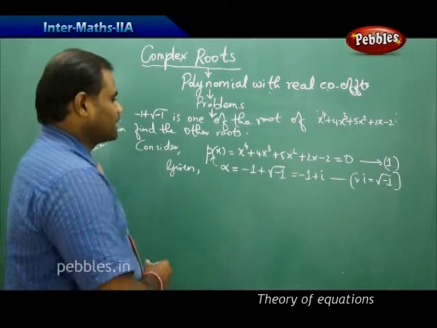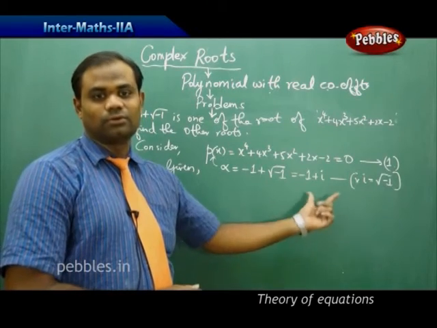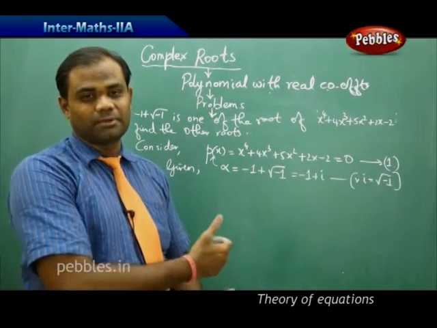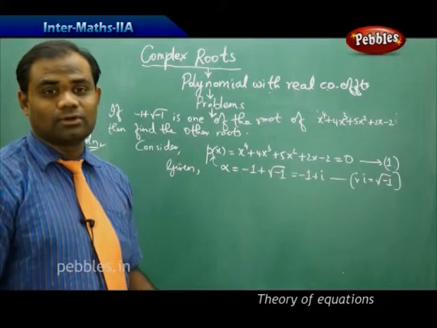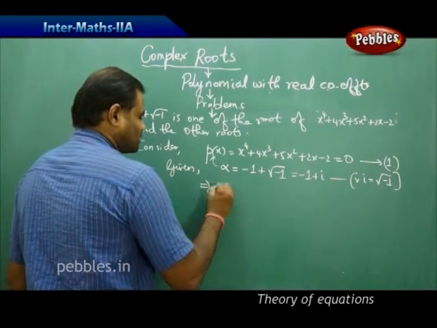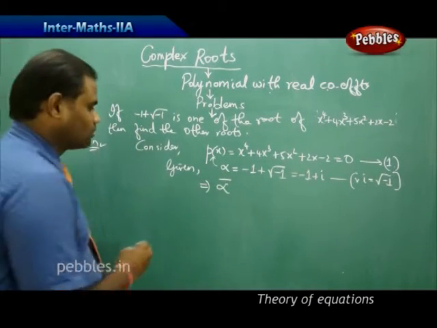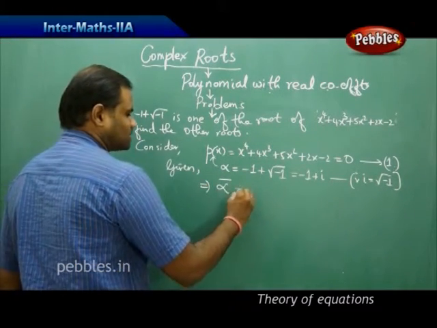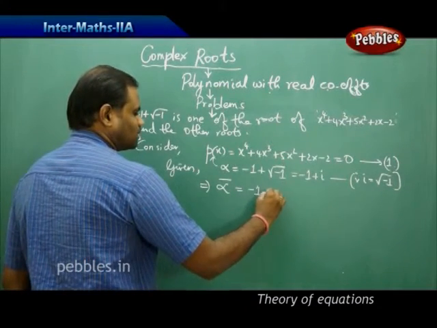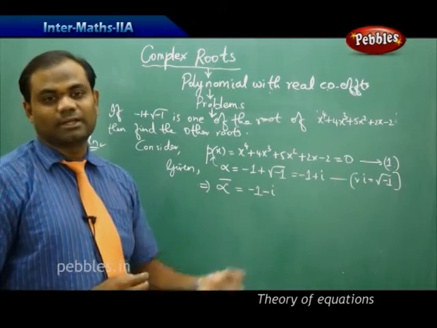Now, immediately when I have this as a complex root, its conjugate pair is also a root, as we have discussed in the previous session that complex roots always exist in conjugate pairs. So that implies the conjugate of alpha, denoted by alpha bar, is nothing but -1 minus i, because wherever there is i, I replace it with minus i.